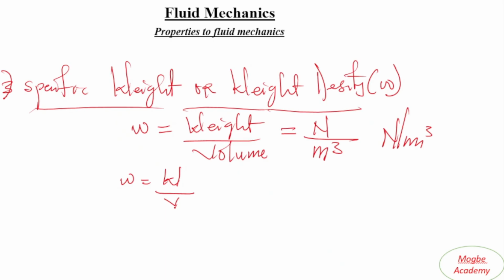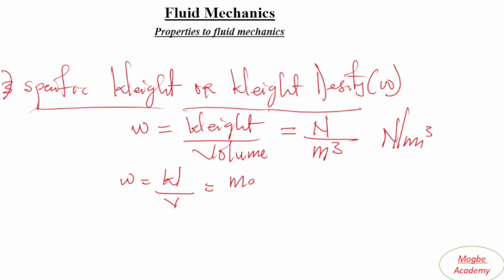I made mention that all the properties that we have here must have something to do with density. So looking at what we have here, what is the relationship between your specific weight and density? From elementary physics, we know that weight is mass times acceleration due to gravity.